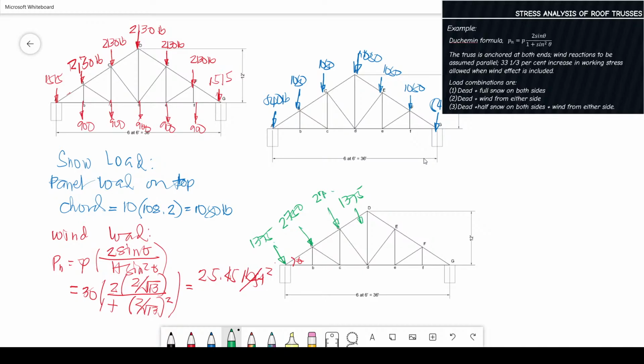Let me recall. Okay, see? The governing combination is dead plus wind on either side.